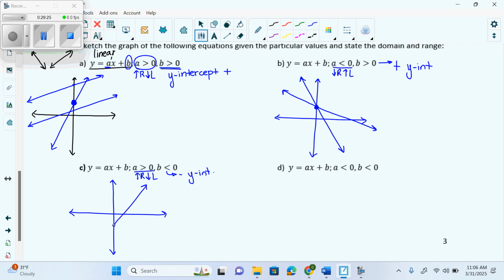Up on right, down on left, straight line. Correct? And then this one, we have down on right, up on left, negative y-intercept. I'm going to make it here. I'm going to be a rebel. Right there. Down on right, up on left.